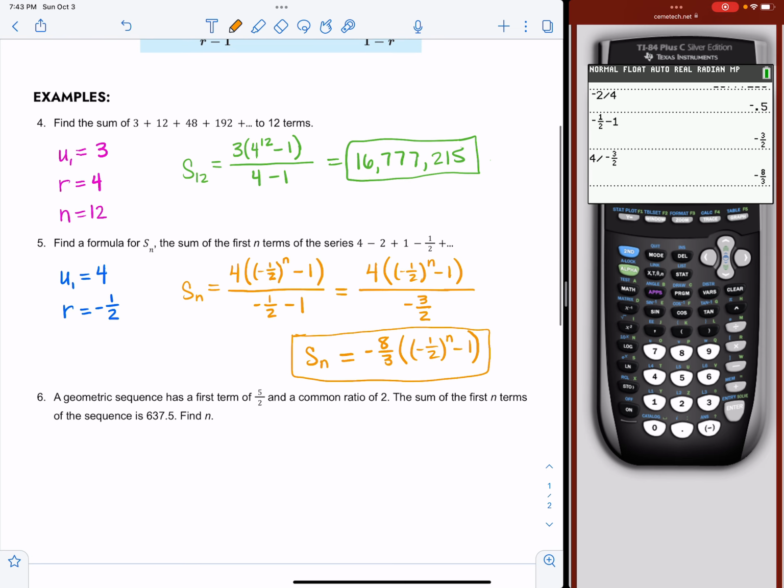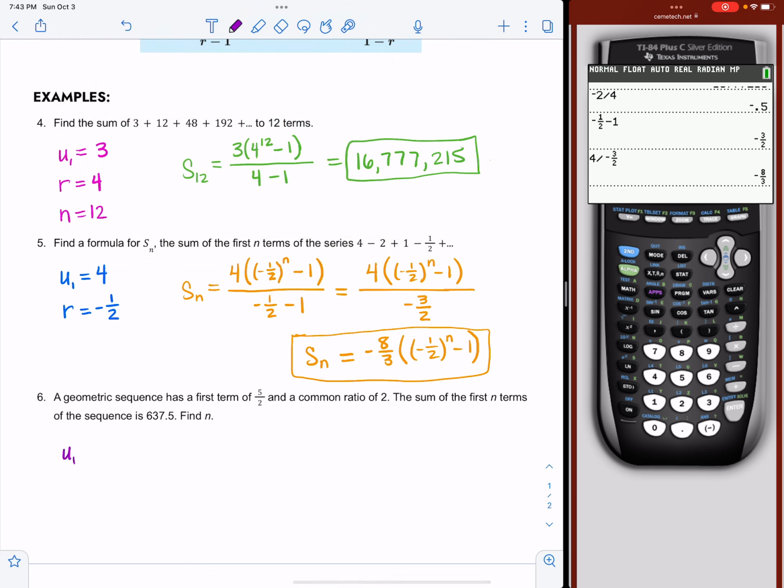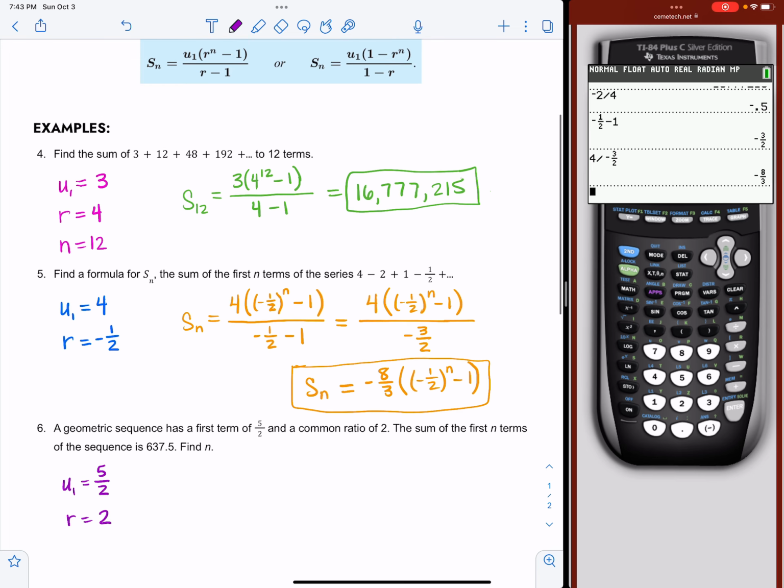And then last but not least, number 6 says a geometric sequence has a first term of 5/2. So that means that our u1 is 5/2. It has a common ratio of 2. And it says the sum of the first n terms of the sequence is 637.5, and we need to find n.